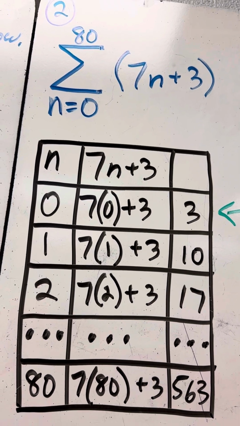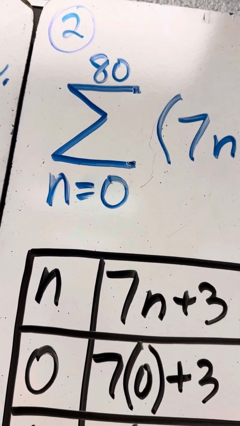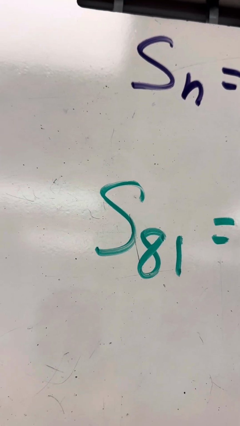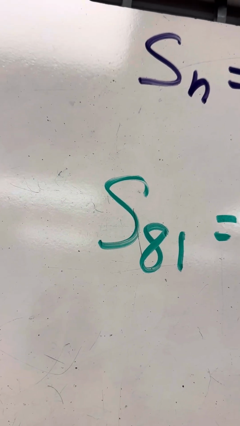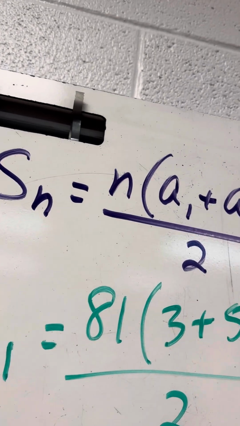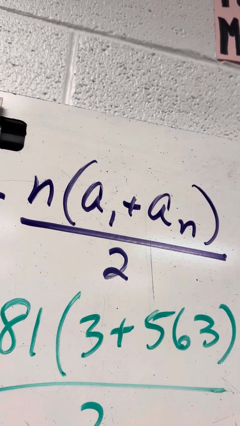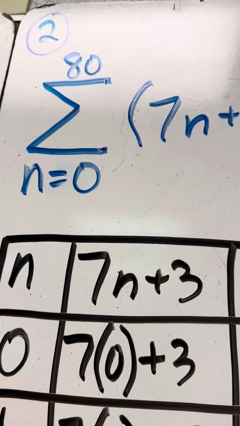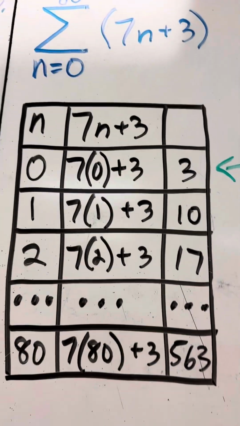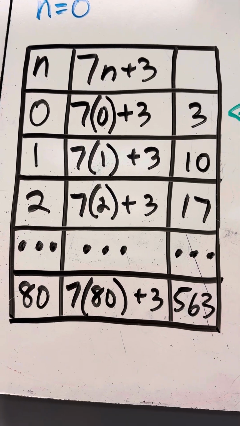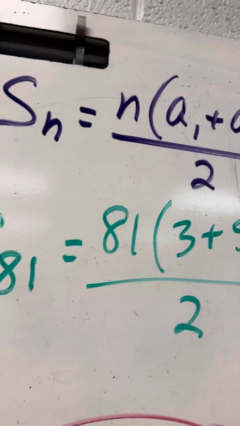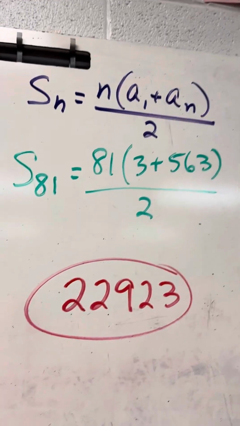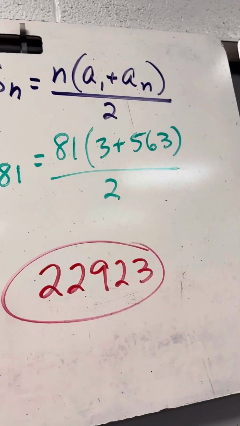There's 81 numbers from 0 to 80, right? So it's going to be S81 because there's 81 numbers. Okay? So you do 81 times 3 plus 563, right? 3 was your A1 and 563 was your AN, divided by 2 gives you 22,923. Okay?